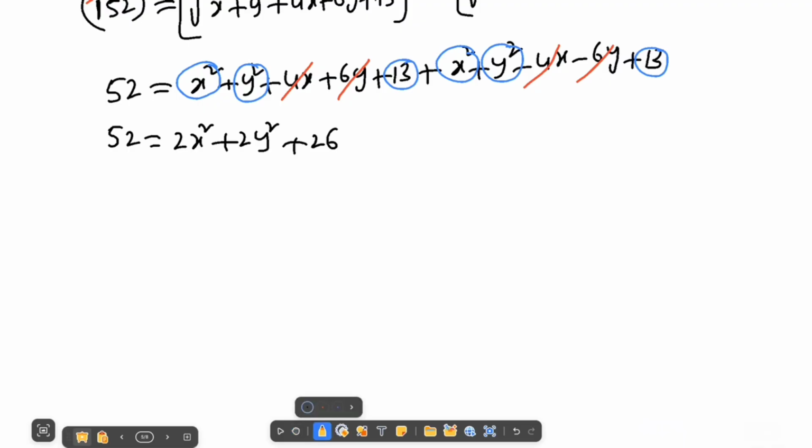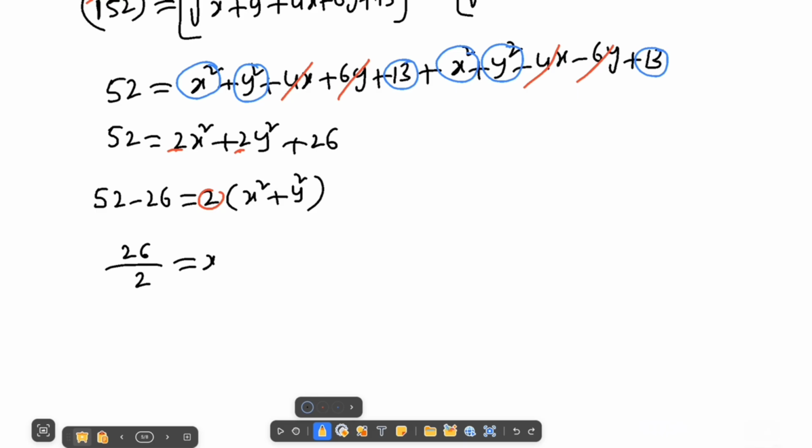Now the equation becomes 52 minus 26 equals, taking 2 common on the right side, 2 of x square plus y square. Now the left side 52 minus 26 is 26, and bring this 2 to the left side. It becomes 26 by 2 equals x square plus y square. So 2 ones are 2, 2 13s are 26.